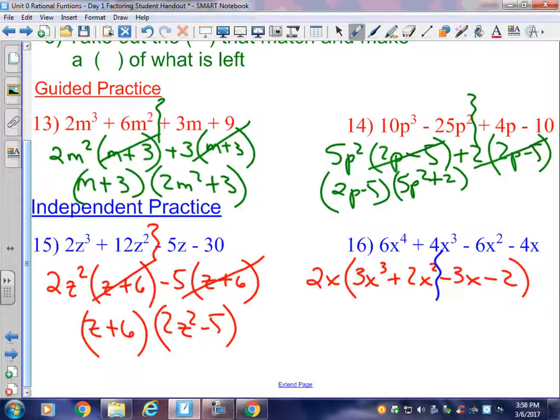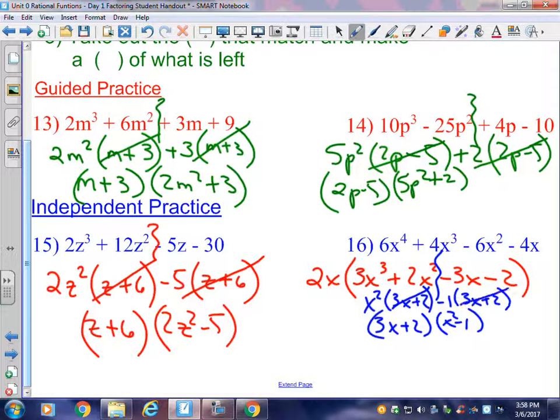Focus on the inside of this parentheses and come back and put that later. So I can take out an x squared and get 3x plus 2. And I can take out a negative 1 and get 3x plus 2. So now I've got 3x plus 2 and x squared minus 1 from getting these two taken out. But that 2x is still out here.